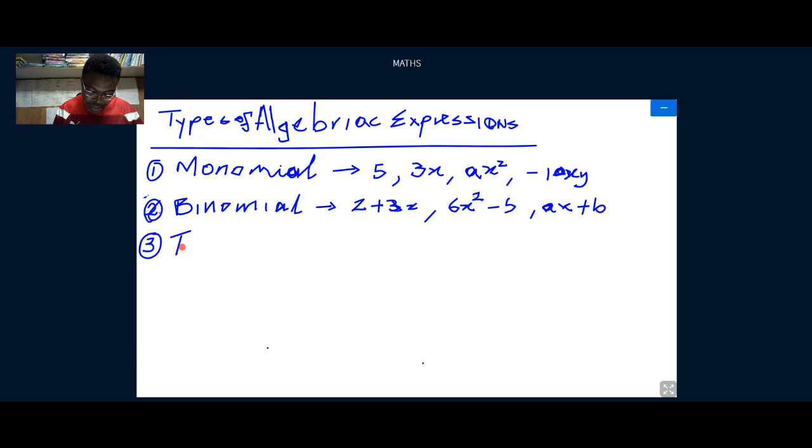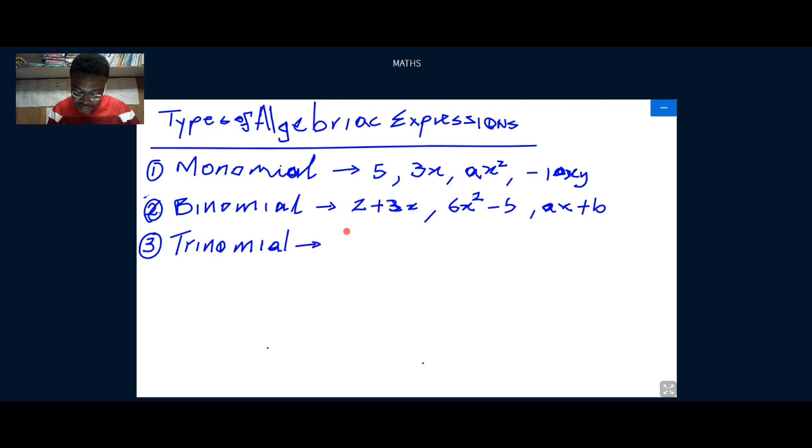Tri means 3, bi means 2. It refers to the terms. A trinomial has got 3 terms.